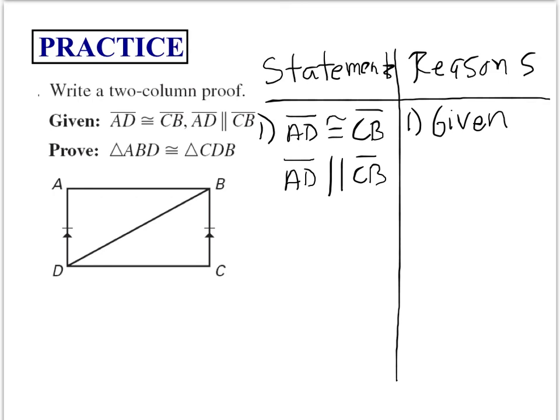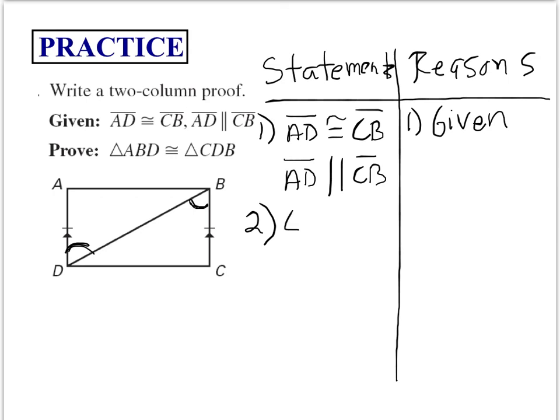Okay, this one's very similar to the other one. Since these two lines are parallel, we can conclude a few things about these angles. So, by looking at these angles, we know that these angles and these angles need to be congruent because of alternate interior angles.